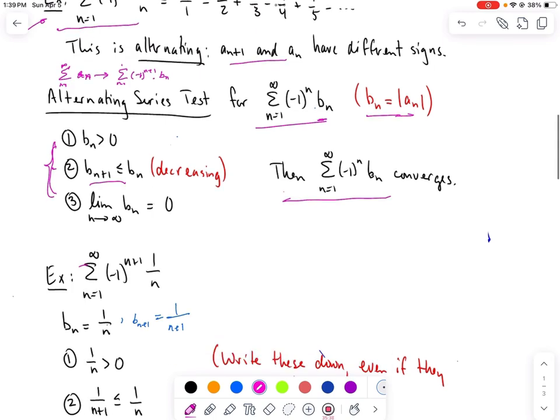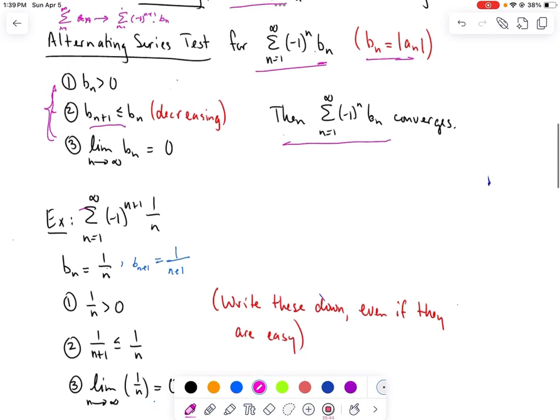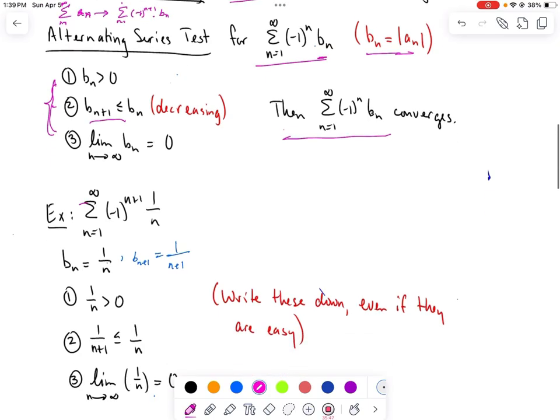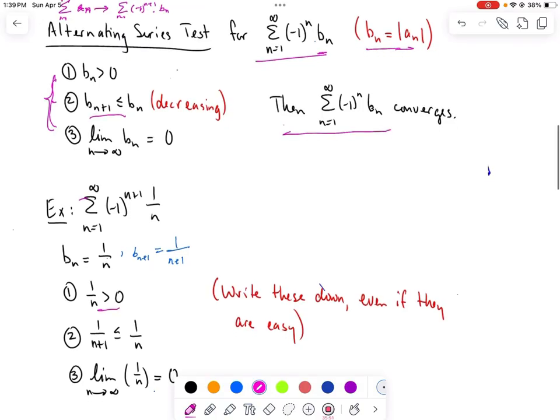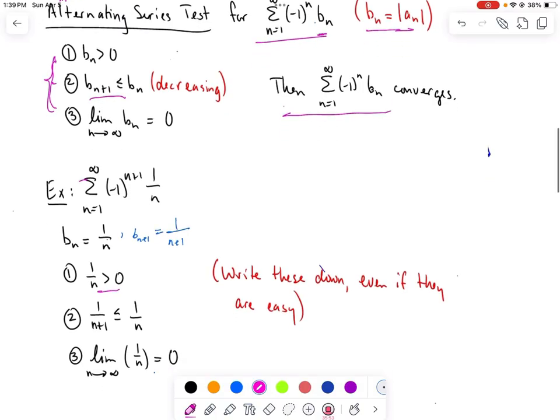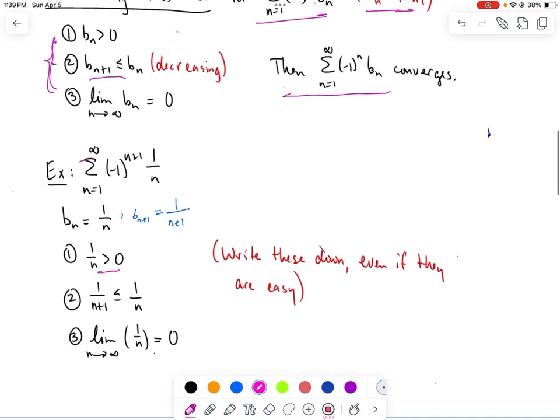The first one is that b_n is greater than 0. Is that correct? Yes, because b_n is 1 over n, and 1 over n is always greater than 0. And b_(n+1) is 1 over n plus 1, which is less than or equal to 1 over n.